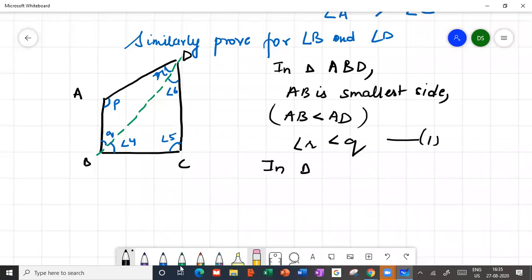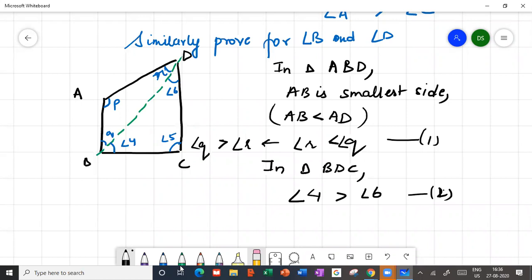In triangle BDC, you write the remaining things. I'll directly write the angle thing. DC is the longest side, so angle 4 will be greater than angle 6. That is 2. Correct? So again, I will rearrange this and write it like this. Angle Q is greater than angle R. So now I'll add 1 and 2.